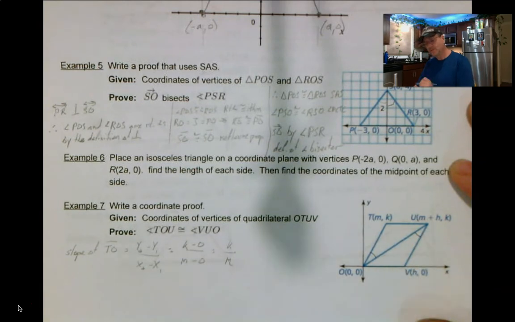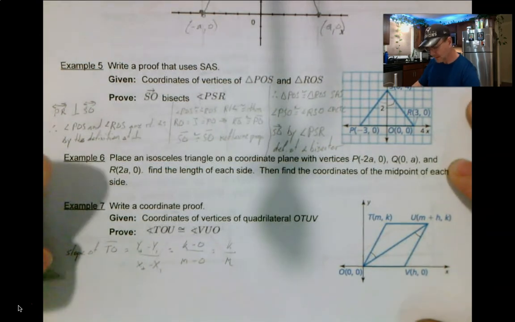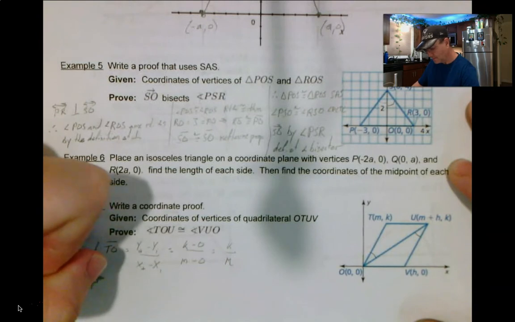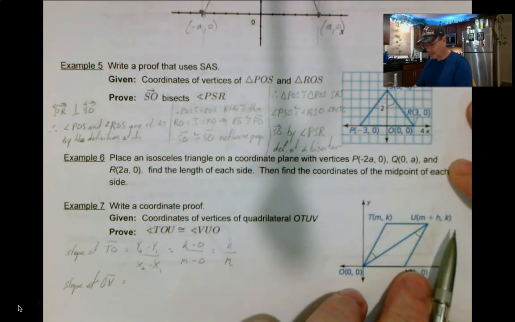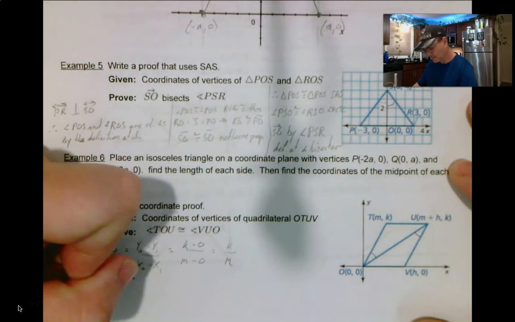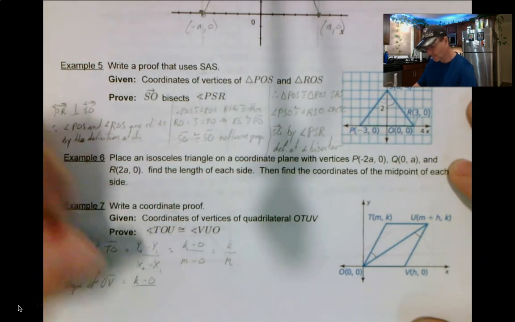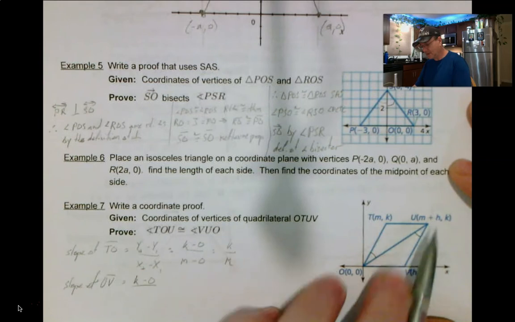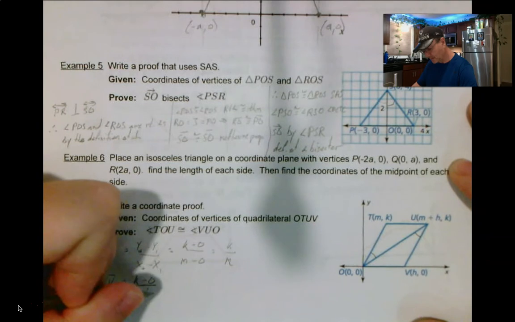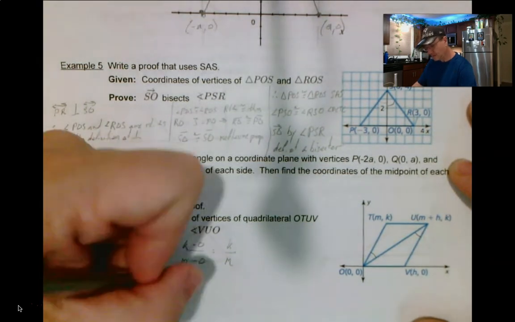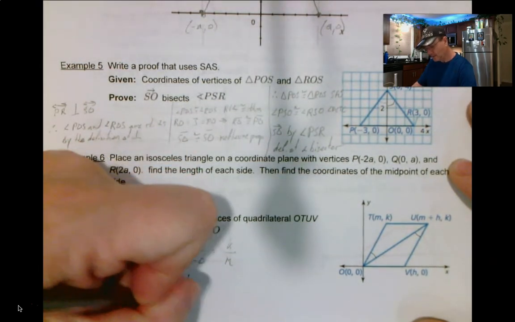There's the slope of TO. If the slope of UV is the same as the slope of TO, then we're going to have parallel lines. Slope of UV, again, y2 minus y1, so y2 is k minus 0, k minus 0 over m plus h minus h, k over m.